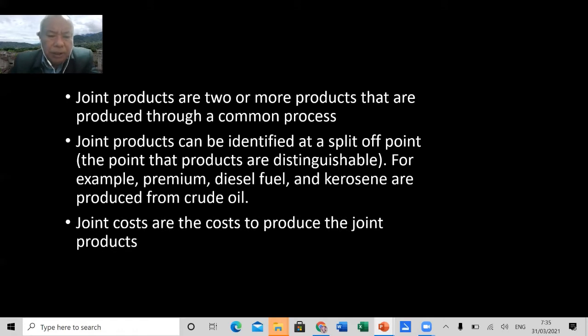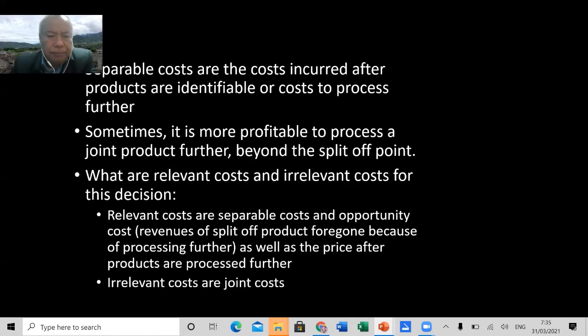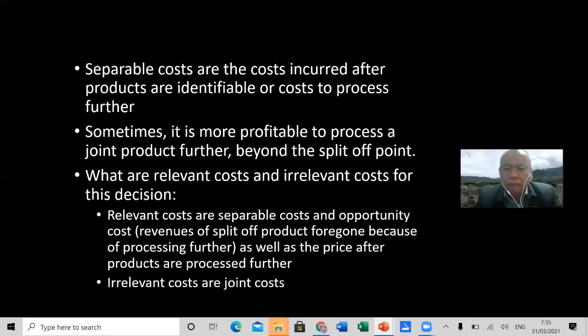Joint costs are the costs to produce the joint products, or the costs incurred before the products are identifiable. There is also the term separable costs.